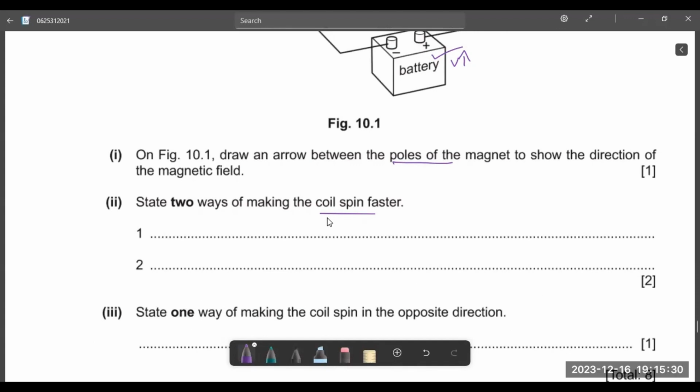And by increasing the strength of the magnetic field also we can increase the spin. So: increase the battery voltage, or increase the number of turns, or increase the strength of magnetic field.